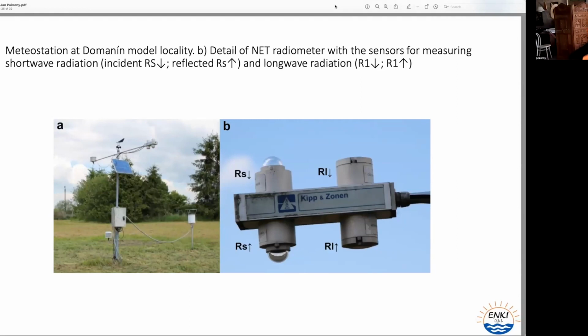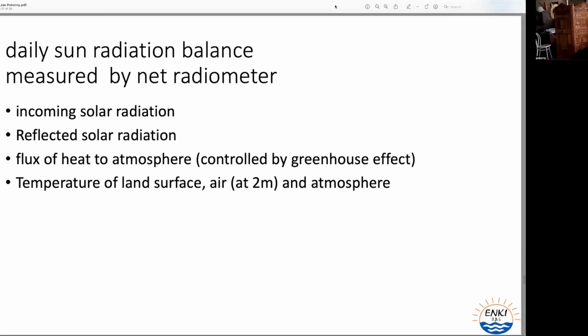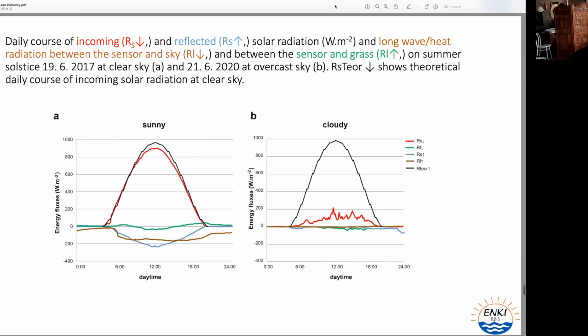So let us measure how much energy is coming. It is in form of short radiation, it is the RS. Then how much is reflected? And let us also measure flux of heat. Please, next. Next.